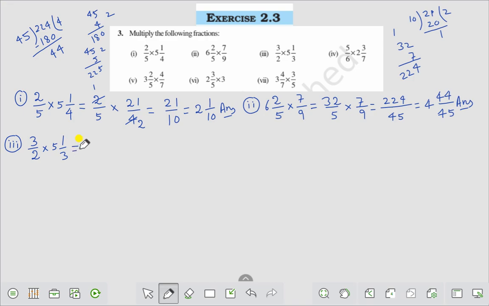That is equal to 3 by 2 into, multiply this number with this number, 5 into 3 is 15 plus 1, 16 by 3. Here 3 1s are 3, 3 1s are 3, 2 1s are 2, 2 8s are 16. That is equal to 8 1s are 8, 1 1 is 1. That is equal to 8, which is the answer.